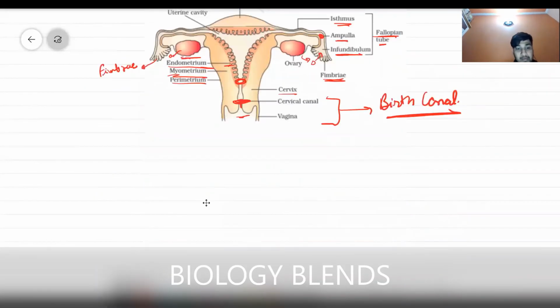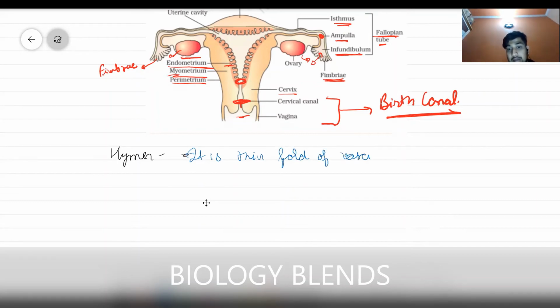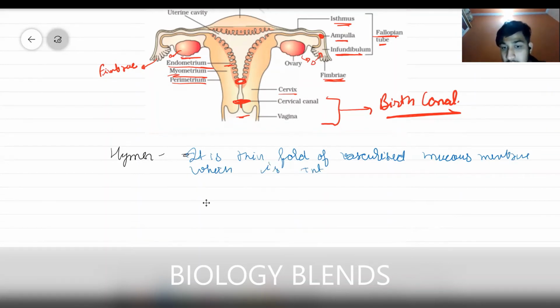Hymen. It is a thin fold of vascularized mucous membrane which is present just inside the vaginal opening.